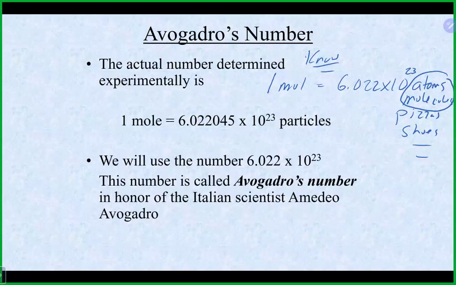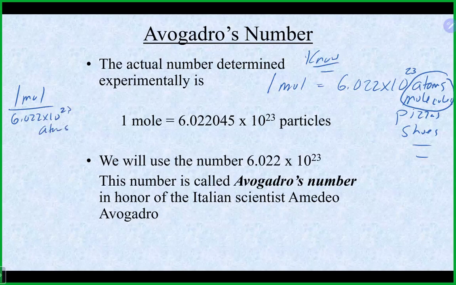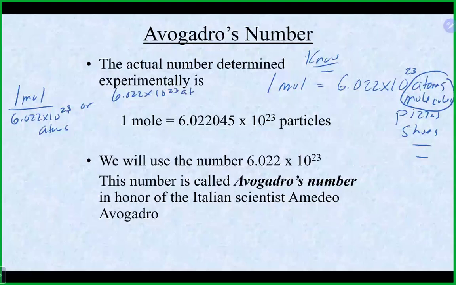And what should you think of Avogadro's number and a mole? You should think of it really as a conversion factor, one that you can run like any other conversion factor. You could say 1 mole of something over 6.022 times 10 to the 23 atoms, or 6.022 times 10 to the 23 atoms over 1 mole of something.